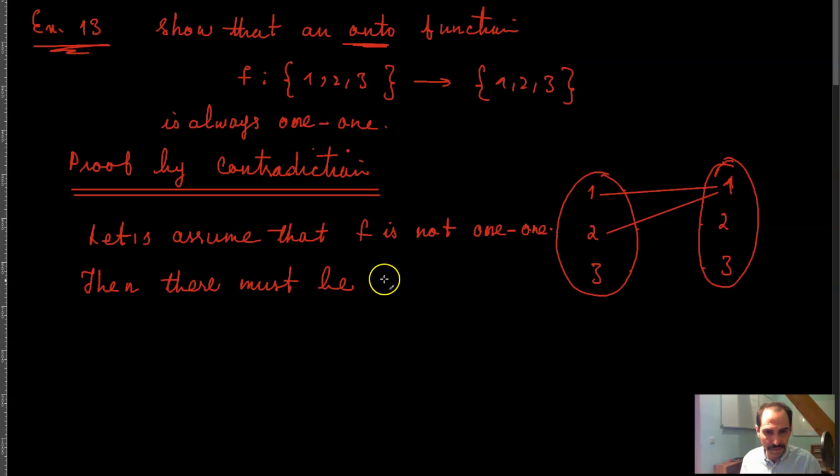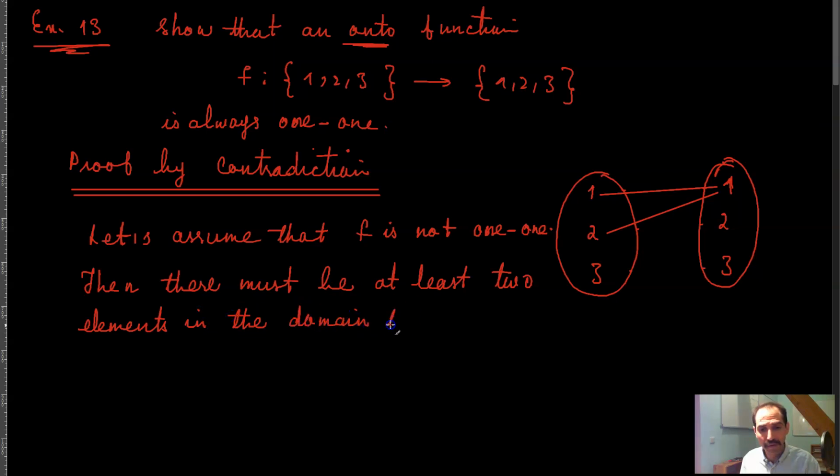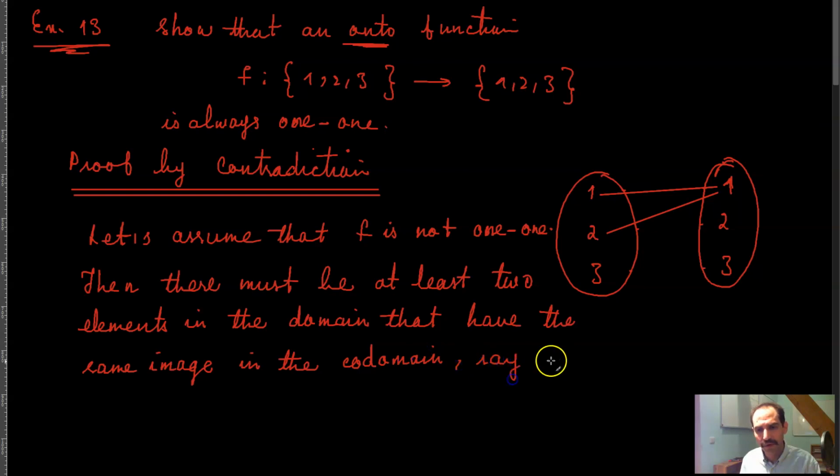So then there must be at least two elements in the domain that have the same image in the codomain, say, for example, 1 and 2, right?